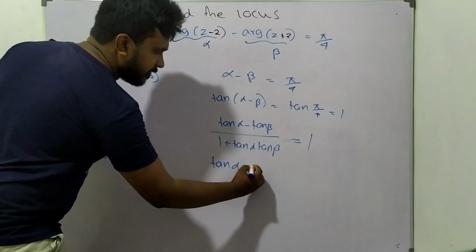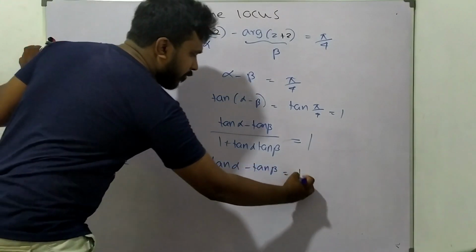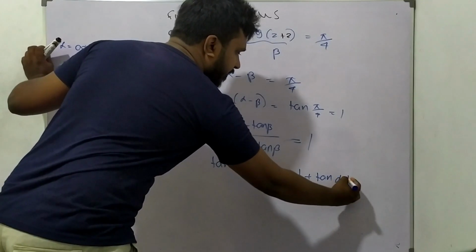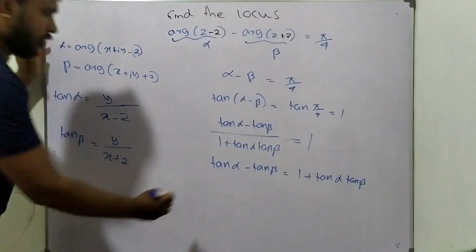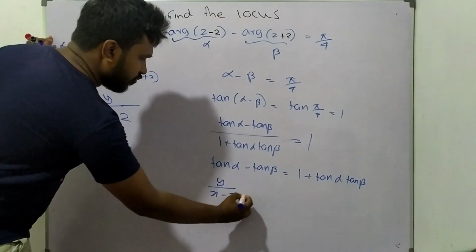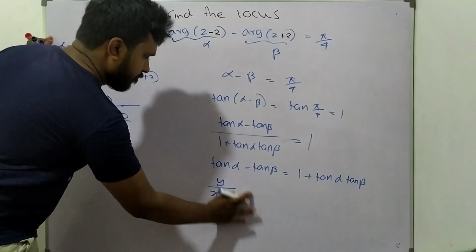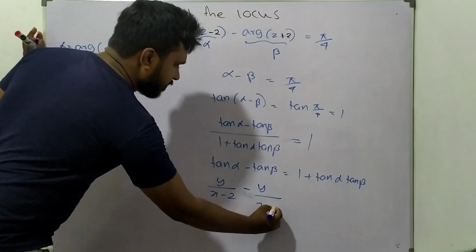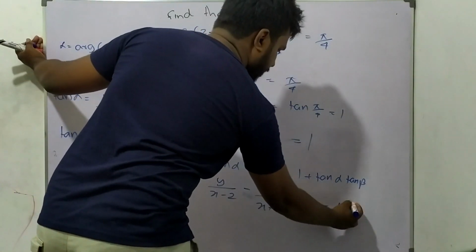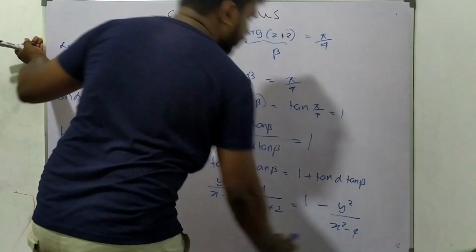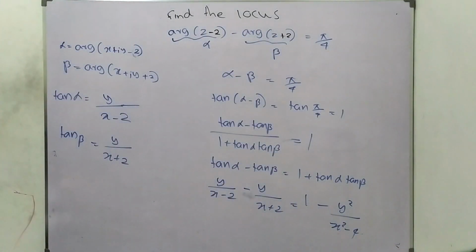Tan alpha minus tan beta equals 1 plus tan alpha tan beta. So it's y over x minus 2 minus y over x plus 2 equals 1 plus y squared over x squared minus 4. Right.